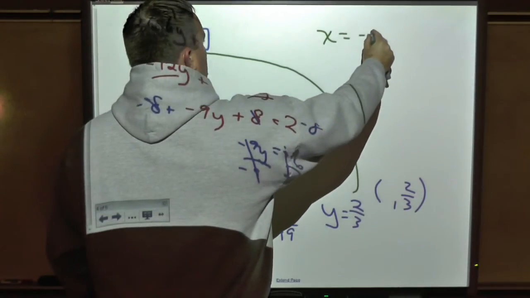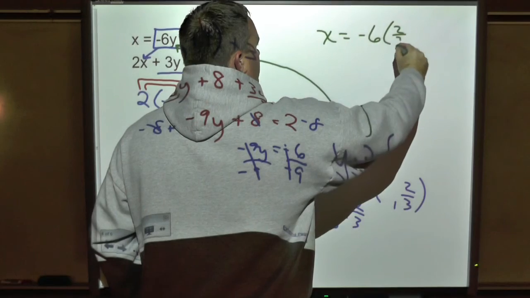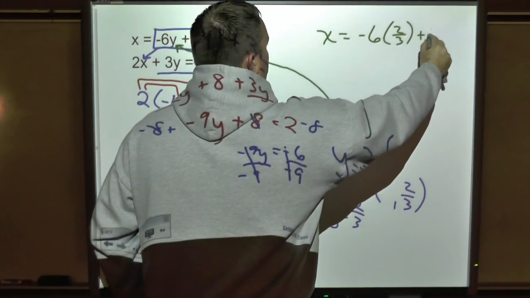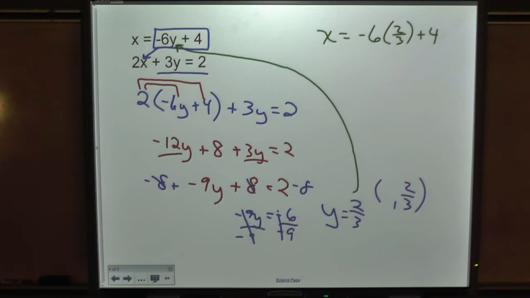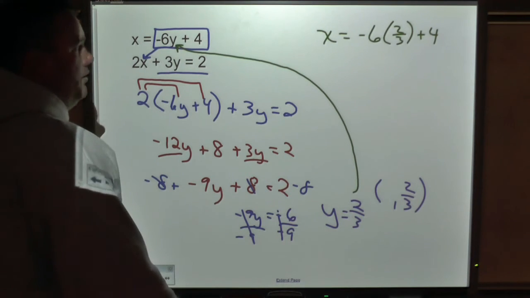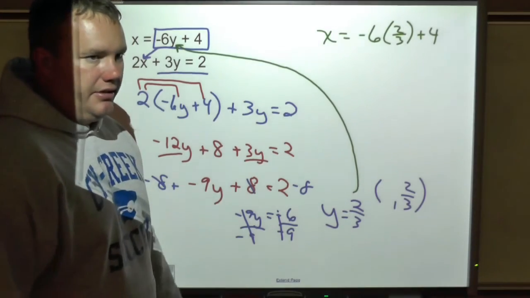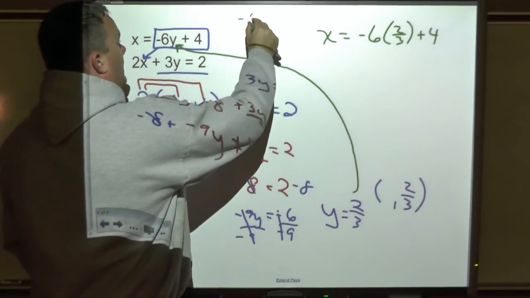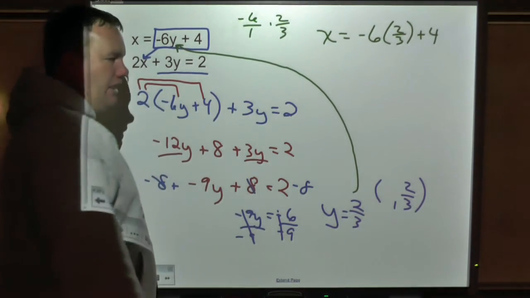X is equal to -6 times 2/3 plus 4. So, at this point, we got to multiply -6 times 2/3. Now you can do that in your calculator, or you can even do it off to the side. -6 over 1 times 2/3 to make that -6 a fraction.